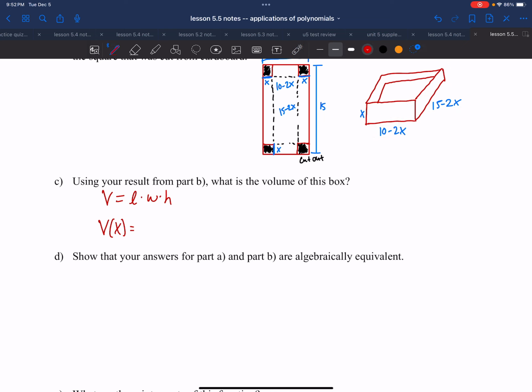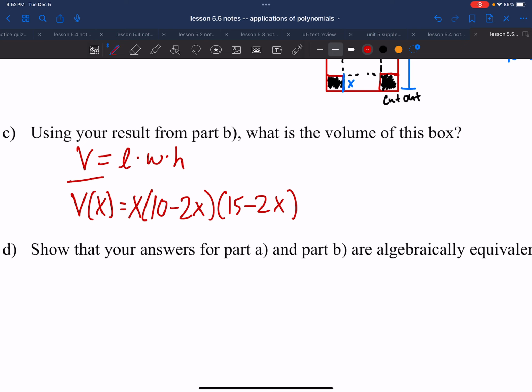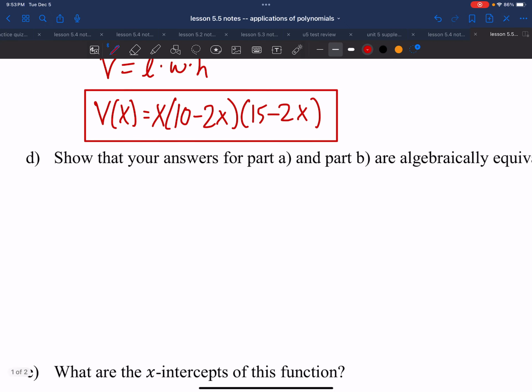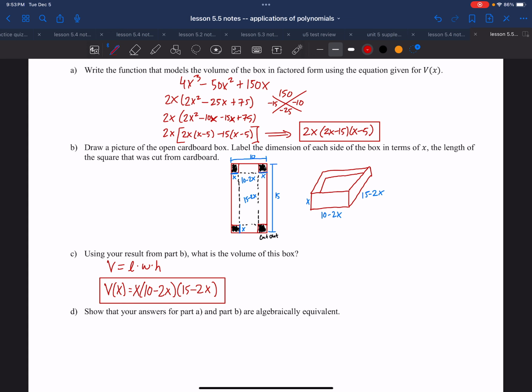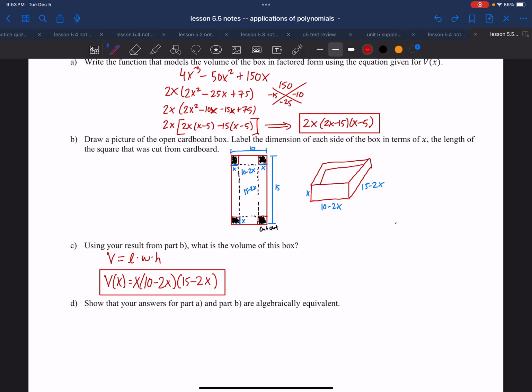So we'll start with x first, 10 minus 2x, and then 15 minus 2x. And that's it. Let's say that's all, right? Done. And so now part D is asking, show that your answers from part A and part B are algebraically equivalent, which means this thing you found for part A is the same as this thing you found in part C.